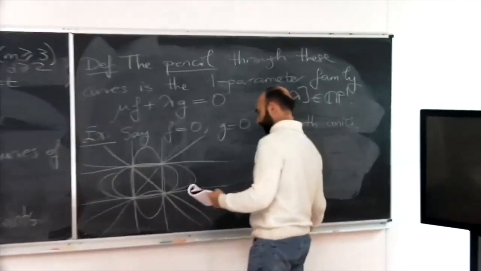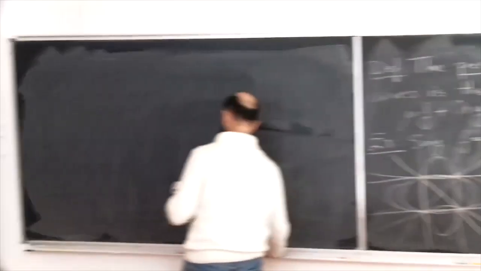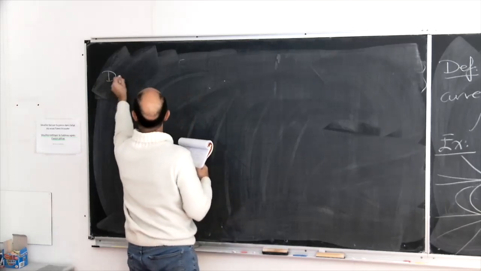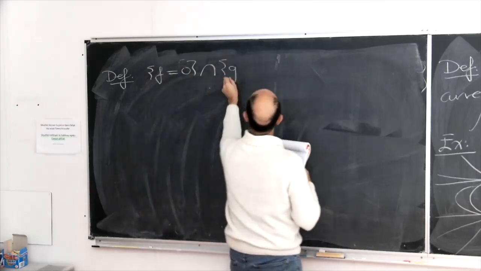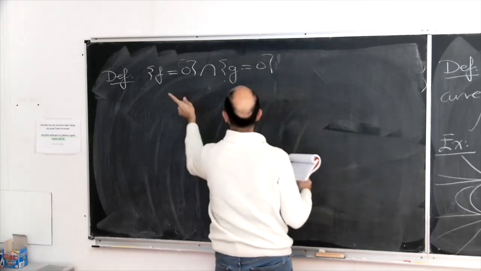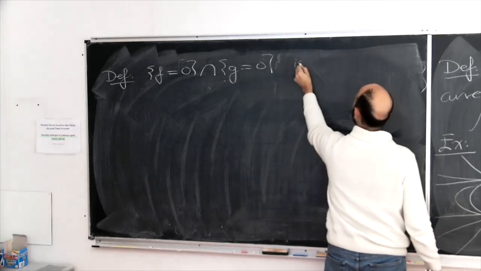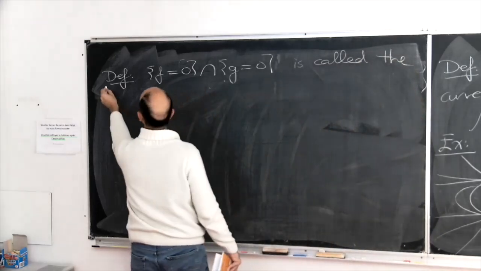Okay, now a couple of definitions. First of all, this intersection f equals 0 intersect g equals 0, which is this set of 4 points in that picture, but in general it's a point set with d squared points, is called the base locus of the pencil.